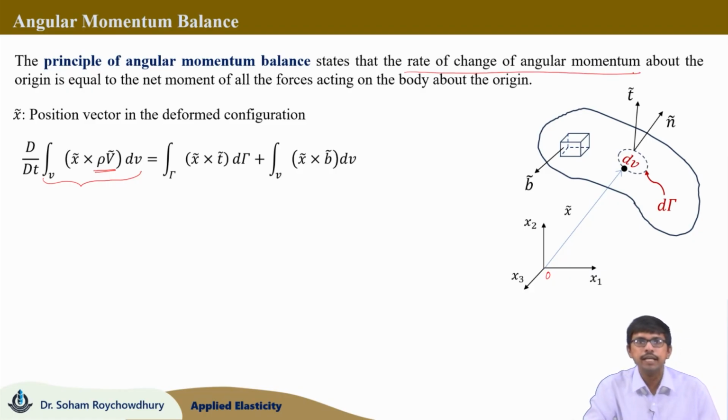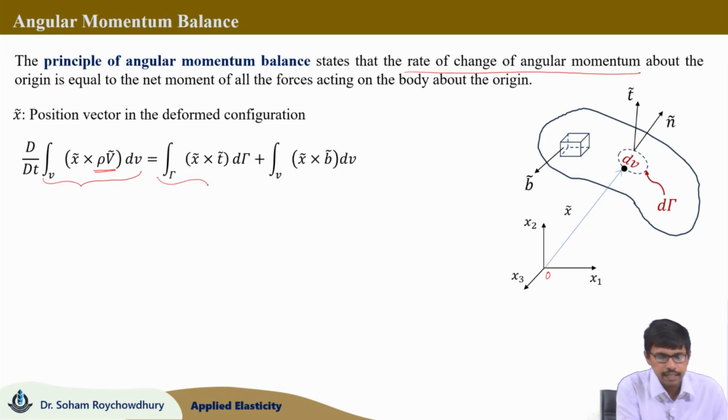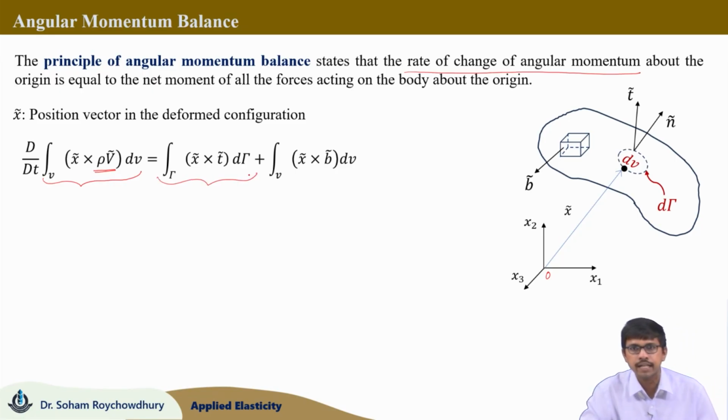Now, this should be equal to the moment of all the forces. So, the first term on the right hand side is the moment of surface traction, x cross t acting over d gamma, integrated over the entire surface gamma, plus the second term is the moment caused by the body forces B, which is x cross B acting over dV and integrated over the entire volume of the material.